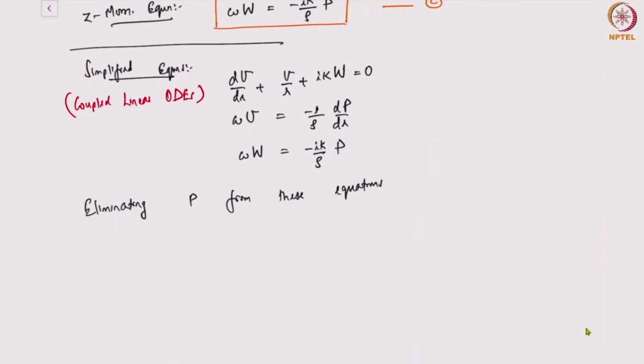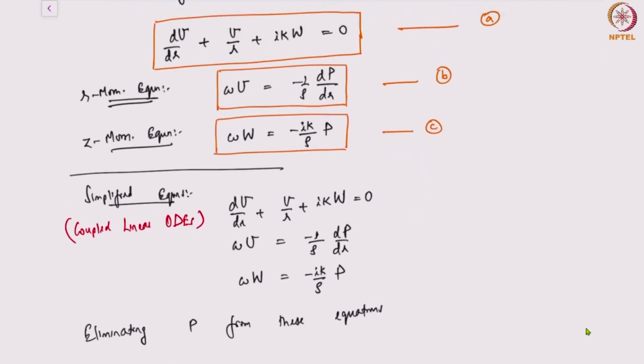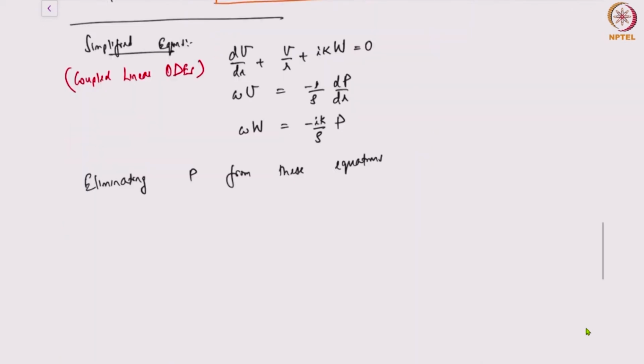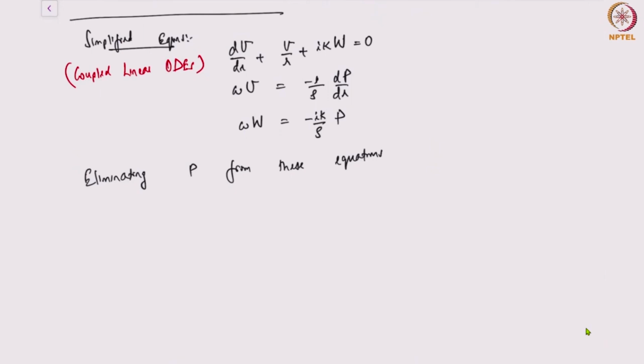We have a relationship between W and P. I can substitute W into the continuity equation, that's equation A. And then equation A will not have W, it will only have U and P. I can take the derivative of equation A with respect to R, and then I'm going to get dP by dR on the last term, and the dP by dR can now be replaced using equation B. So I leave it to you to do the simple algebra, but if I eliminate pressure P from these equations, we get an equation of the form d square u by dr square.